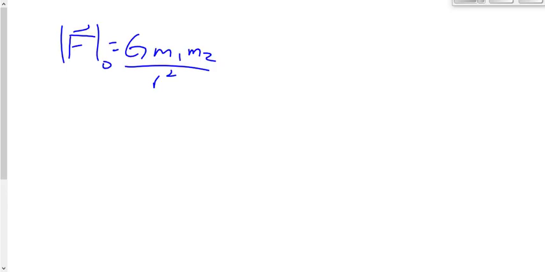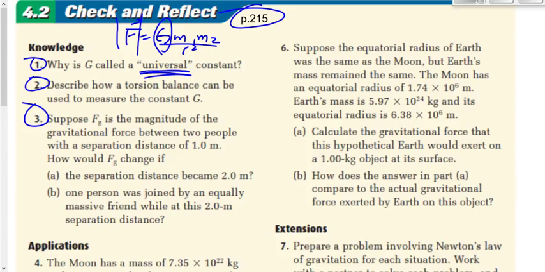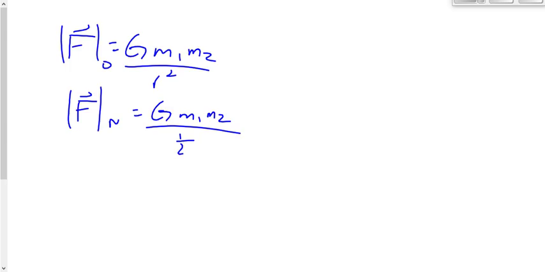This is what my force was, my original. This is what my force is, my new force. My new force is Gm1m2 over, what do we make it, twice? Yeah, 2. So it's over 2r. Well, r was the distance to separate it. Now the distance is 2r.